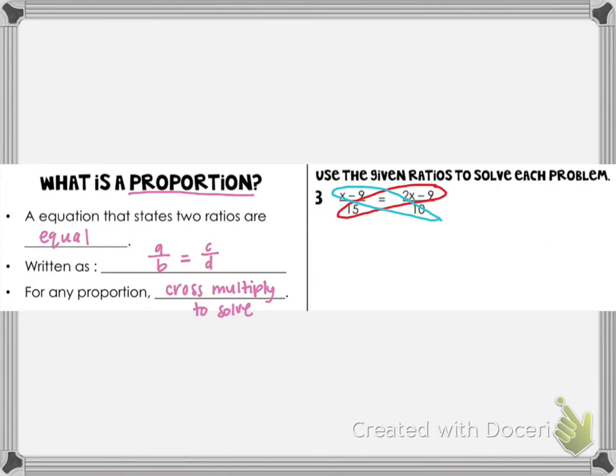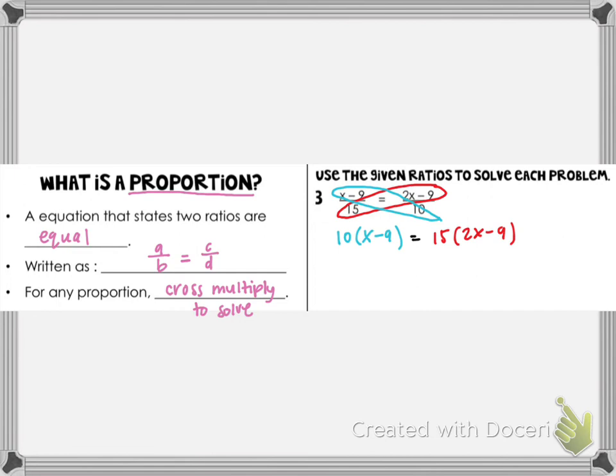Let me multiply the blue first, and then I'll multiply the red after. So for the blue, we have 10 times x minus 9. And then in the red, we have 15 times 2x minus 9. We're just cross multiplying.